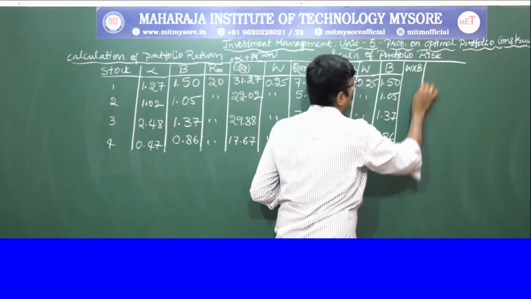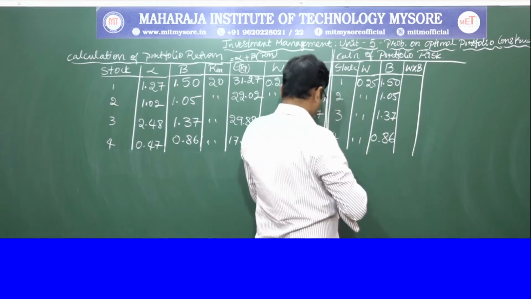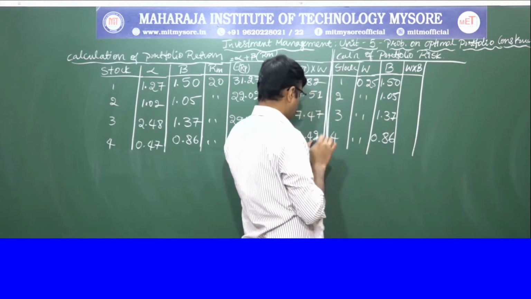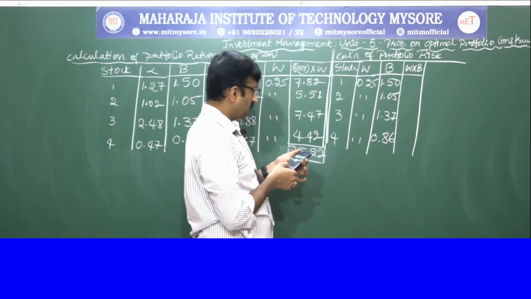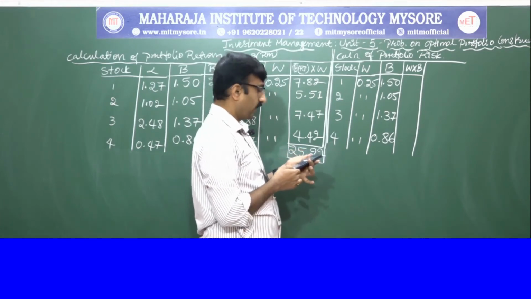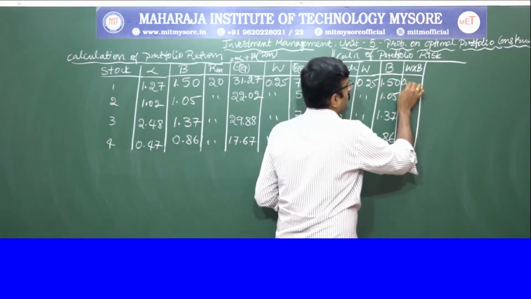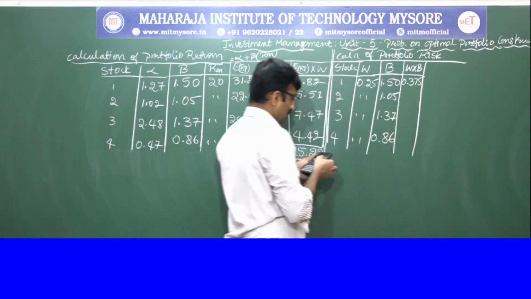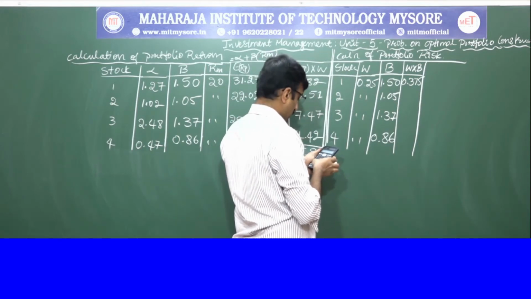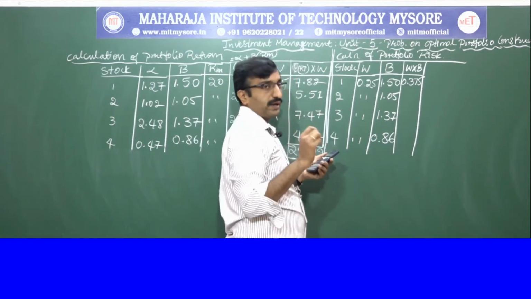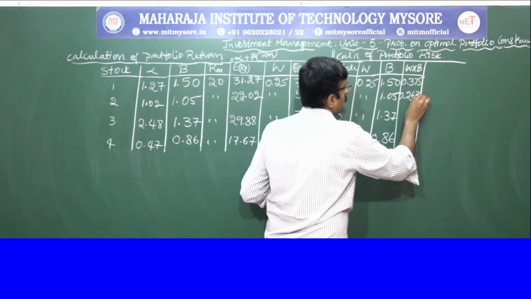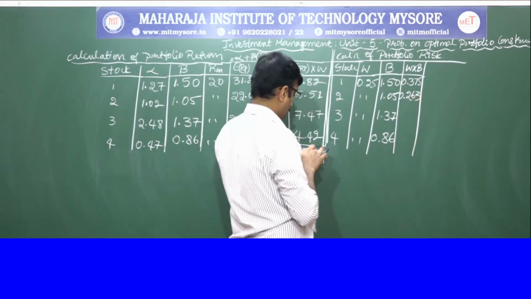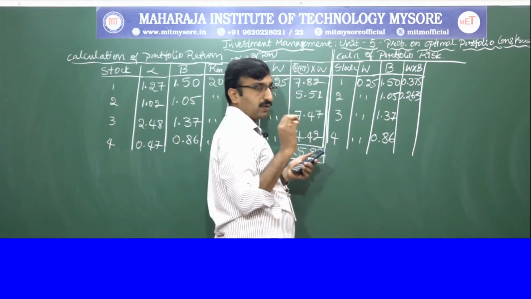Weight into beta: 0.25 into 1.50, you will get 0.375. Next, you will get 0.263. Then 0.343.